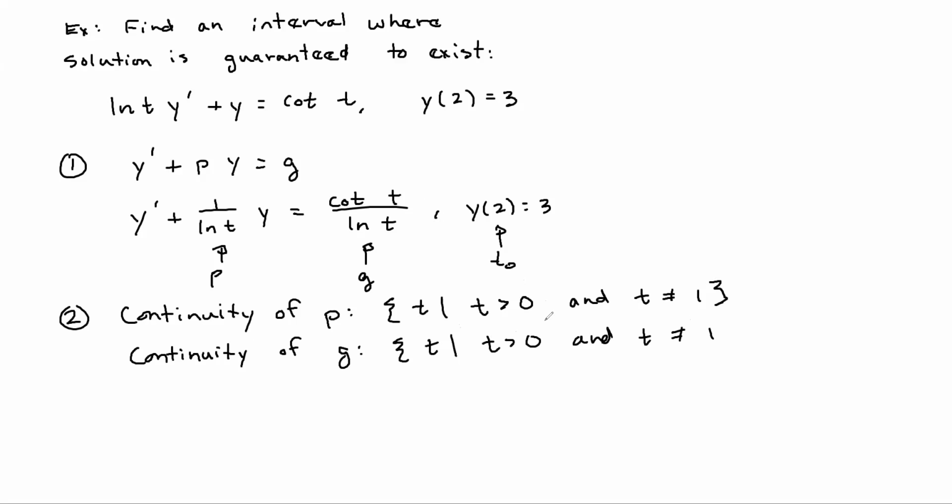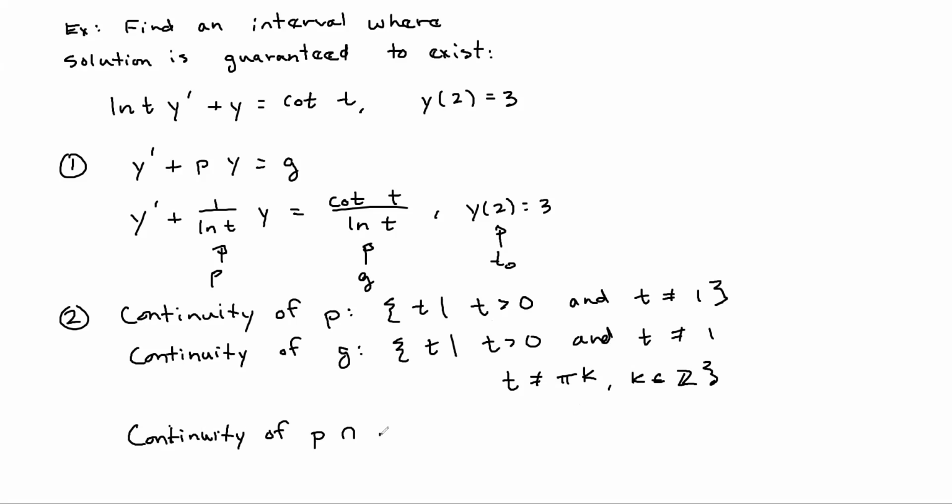Tangent is 0 at 0, pi, 2 pi, and so we could say that t cannot equal pi k, where k is an integer. This is just another way of saying that t cannot be 0, pi, 2 pi, negative 2 pi, and so on.